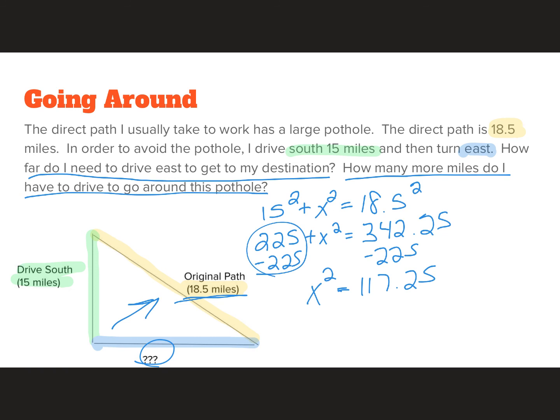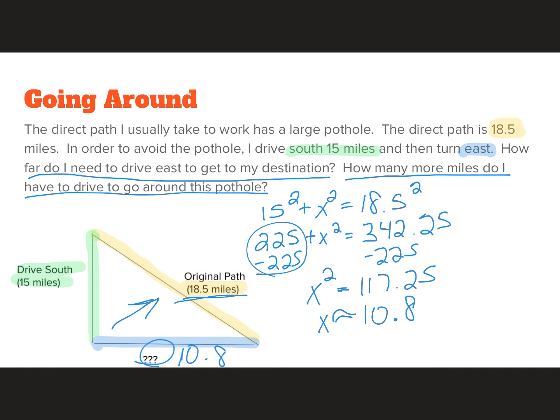So the square root of 117.25 gives me approximately, and we're rounding to the nearest tenth, 10.8. So that means this down here is 10.8 miles. So that's how far I need to drive east.